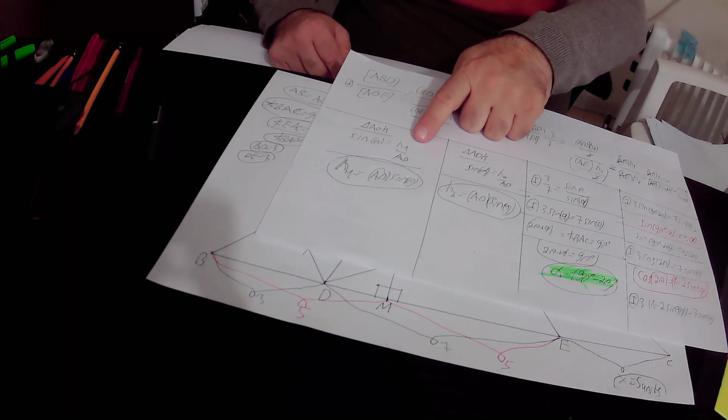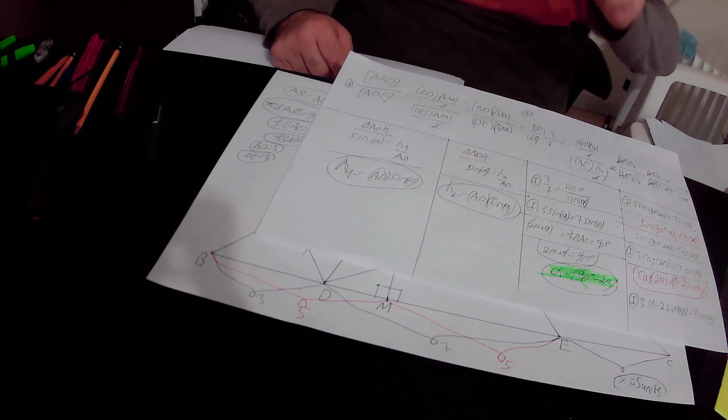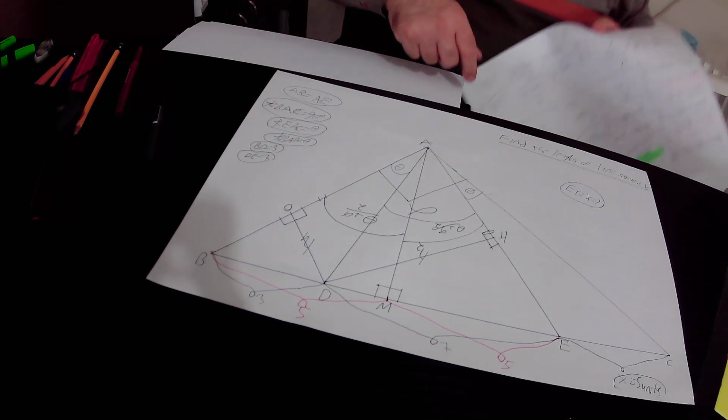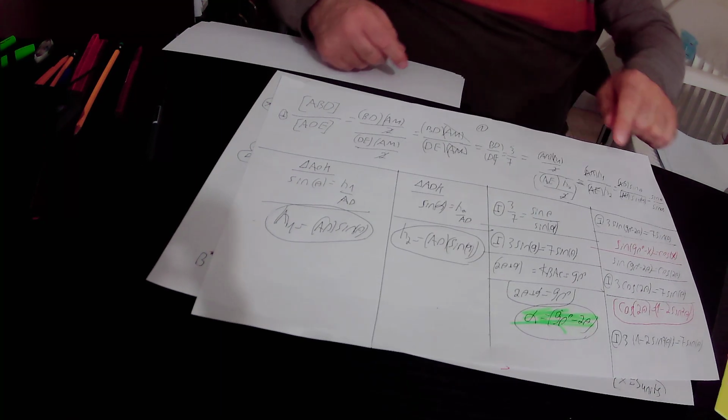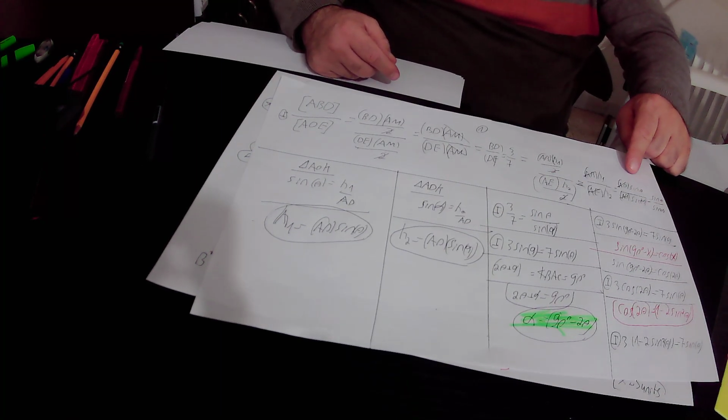We multiplied this equation by AD and found out that H1 equals AD times sine theta. So we can write here that H1 is equal to AD times sine theta.